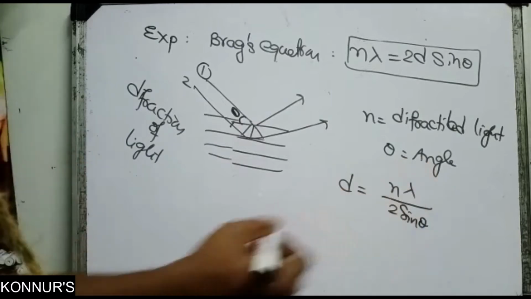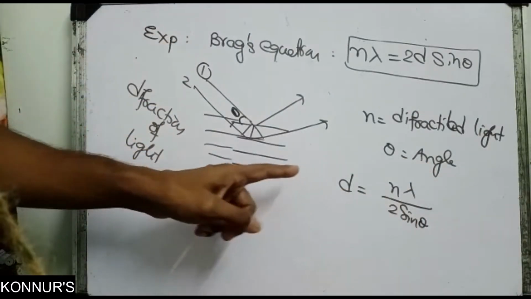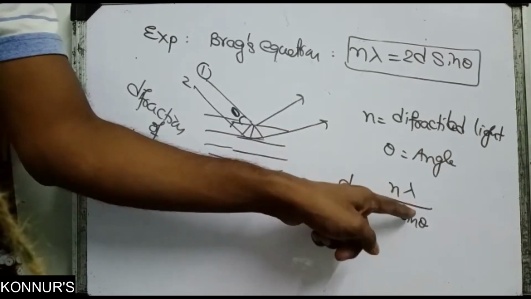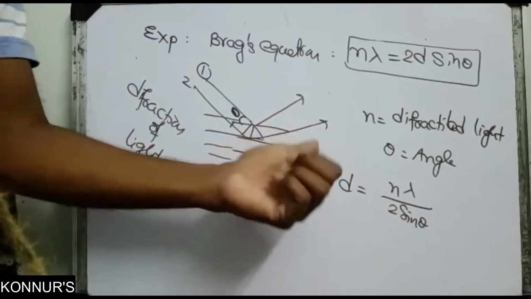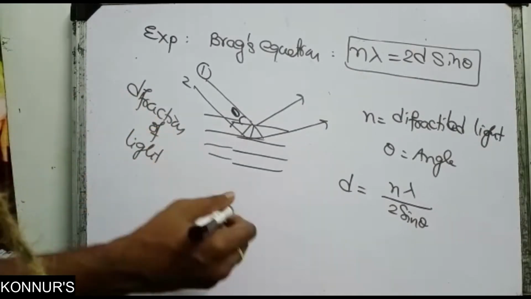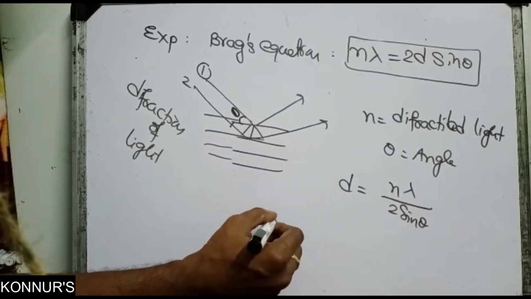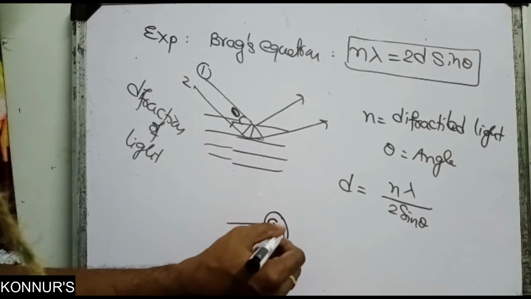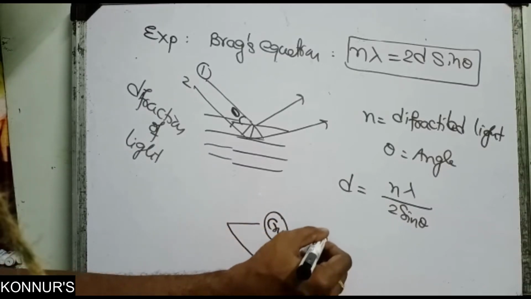See, previously we discussed simple cube, BCC, FCC. What are the D values? They coincide here, so based on that we can explain. In this experiment, we take the crystal, and the crystal is focused with suitable light.